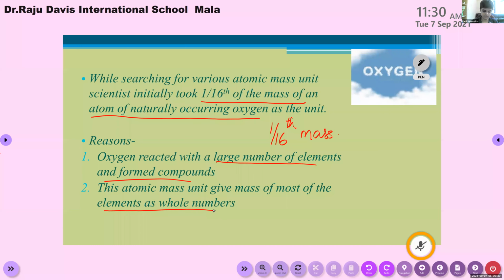Okay, whole numbers. Now, Neet, can you please repeat it once again? Yes, ma'am. While searching for various atomic mass units, scientists initially took 1/16th of the mass of an atom of naturally occurring oxygen as the unit. Reasons. First one, oxygen reacted with a large number of elements and formed compounds. Second reason, this atomic mass unit gives the mass of most of the elements as whole numbers.